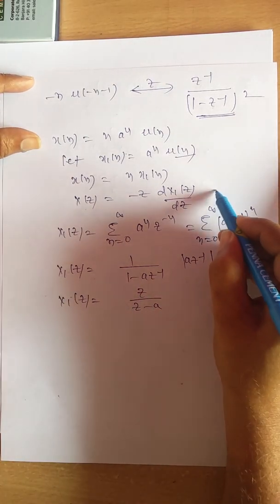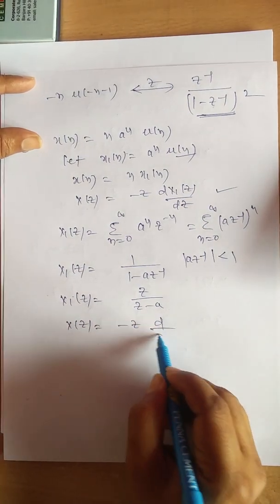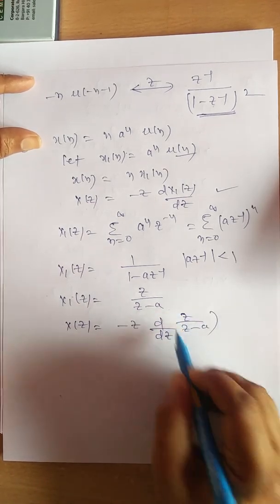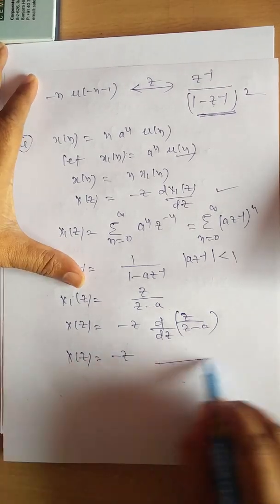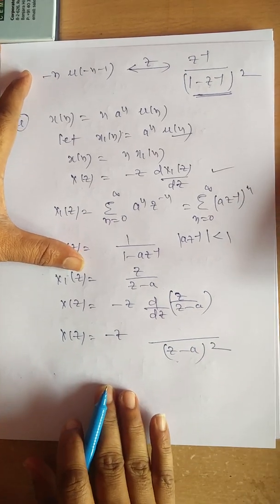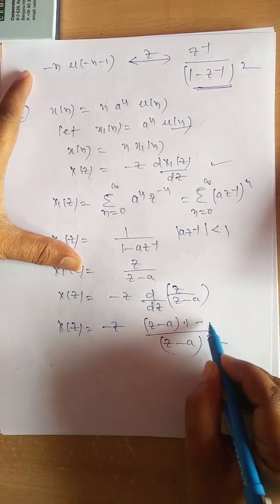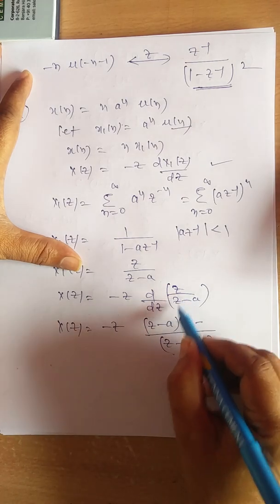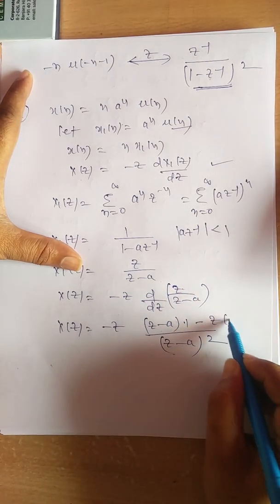Substitute this x1 of z in this equation. You'll get x of z is equal to minus z into the differentiation of z divided by z minus a. You will get x of z is equal to minus z, the denominator, that is z minus a its whole square, into z minus a into the differentiation of z, which is 1, minus the numerator and the differentiation of the denominator, which is 1 here.